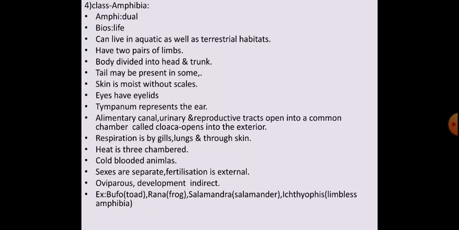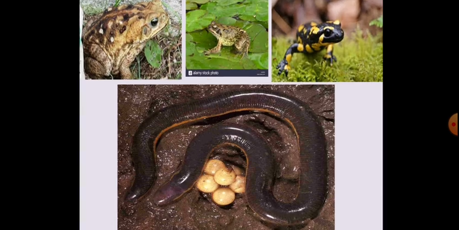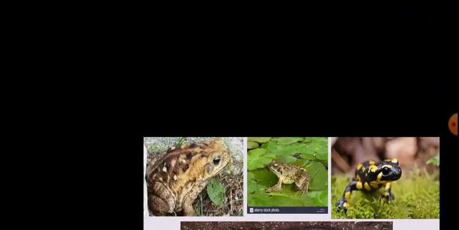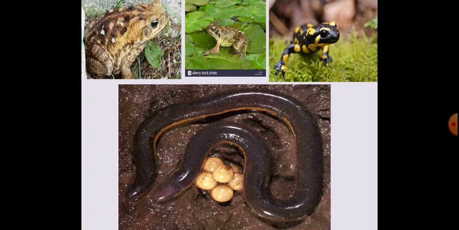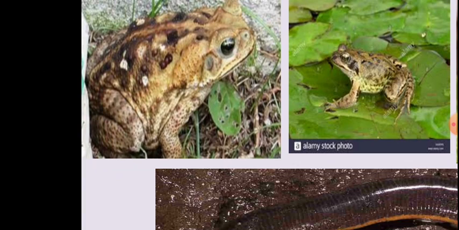Amphibians have two pairs of limbs. You have seen frogs. This is the forelimb and this is the hind limb.